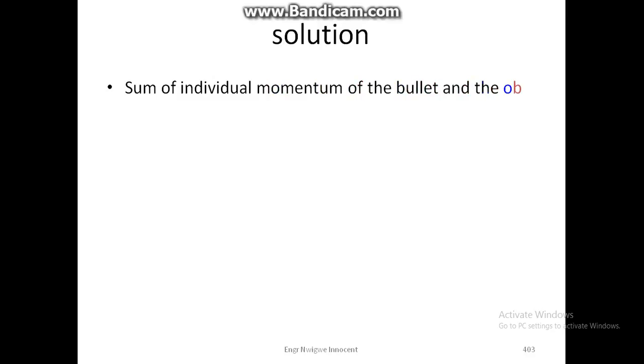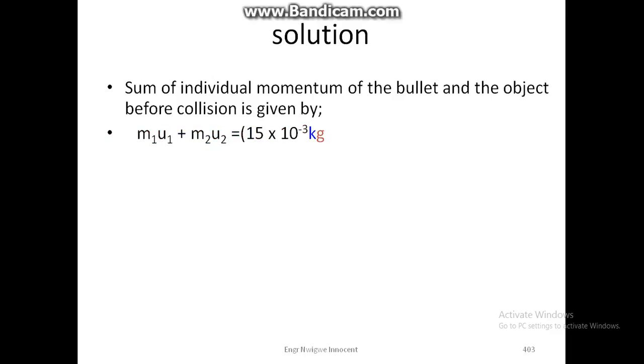The sum of individual momentum of the bullet and the object before collision is given by m1u1 plus m2u2. This is equal to 15 times 10 raised to power minus 3 kilogram times 300 meters per second plus 75 kilogram times 0, which gives us 4.5 Newton seconds.